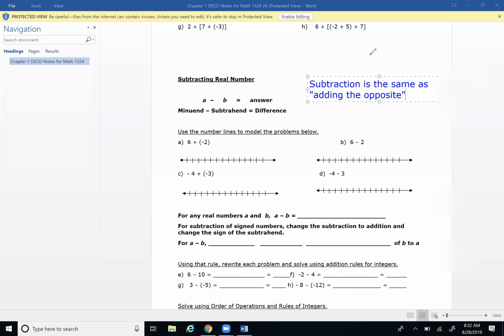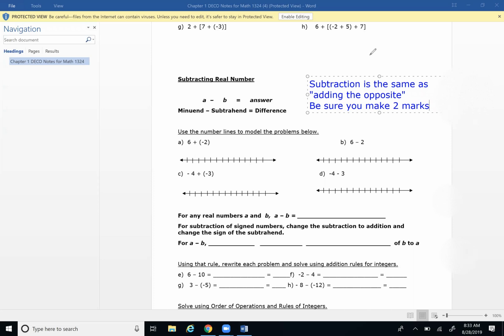I'm going to take the opposite sign. So in other words, you need to be sure you make 2 marks if you're changing something to adding the opposite. I can't just change a subtraction to a plus and not make another mark. That would only be 1 mark. I'm going to have to make 2.